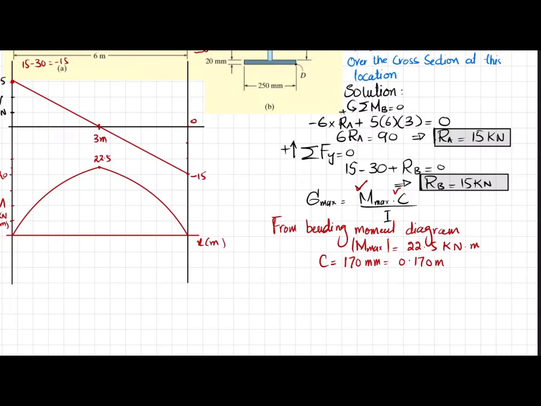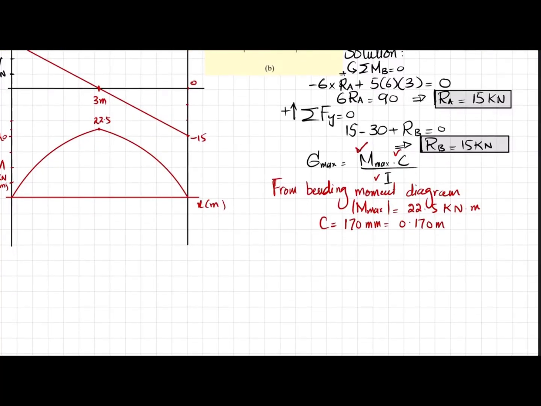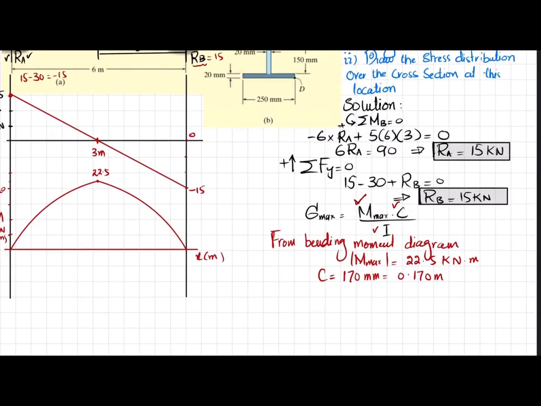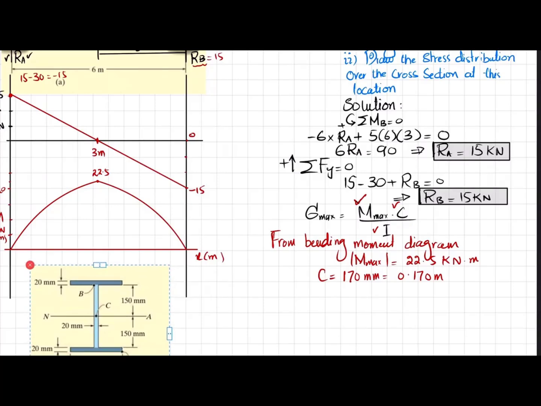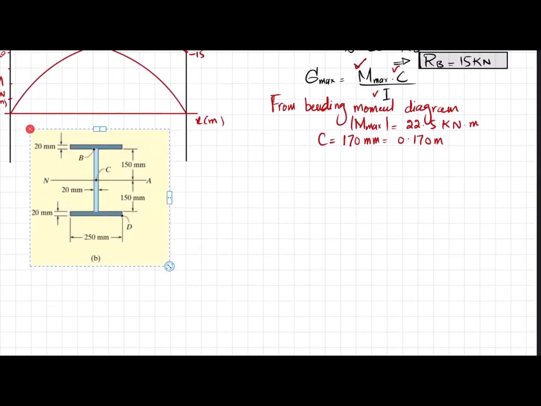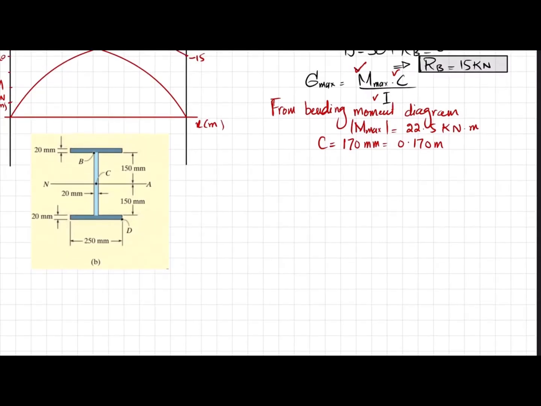Now we have this value as well, but we do not know I. So we will calculate I for this beam. For that I will copy this and bring it to this position so that we can easily calculate I. For I we will find the moment of inertia of this upper flange and this web.